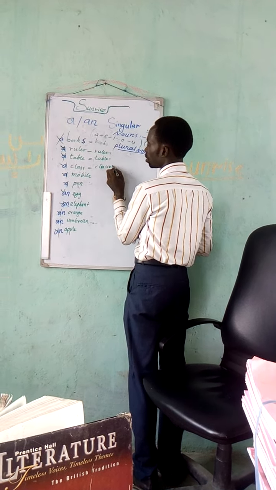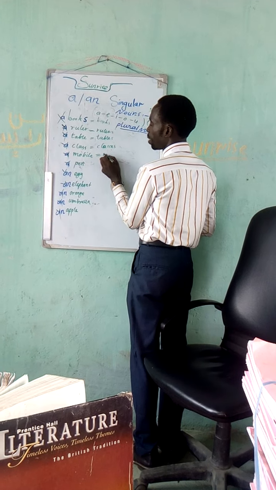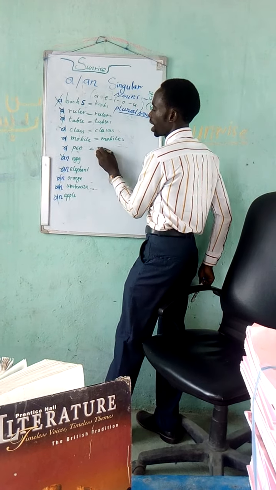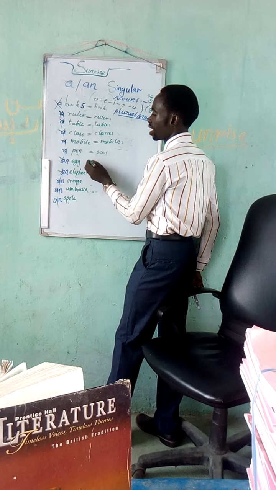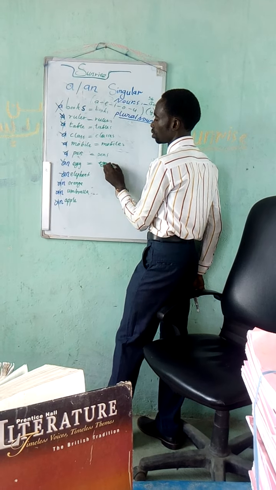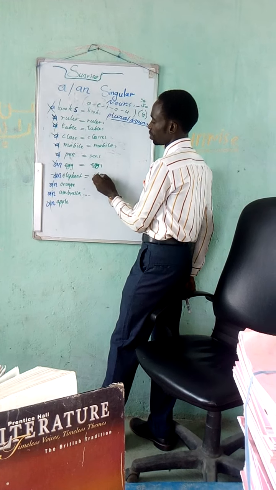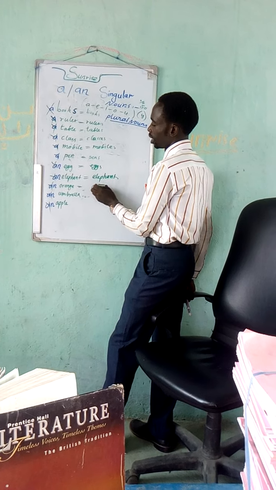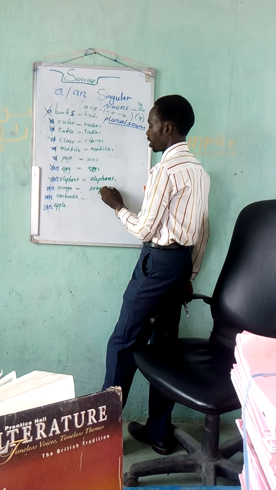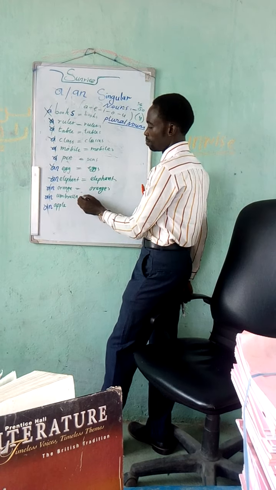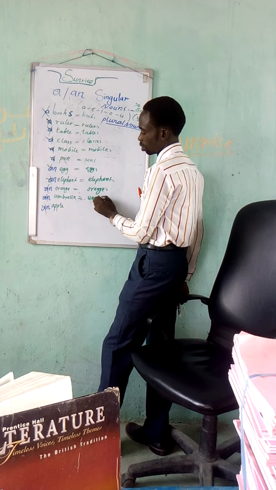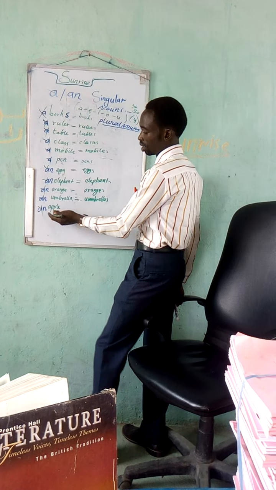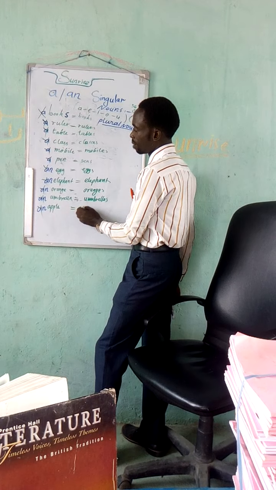Mobile becomes mobiles. Pen becomes pens. Egg becomes eggs. Elephant becomes elephants. Orange becomes oranges. Umbrella becomes umbrellas. Apple becomes apples.